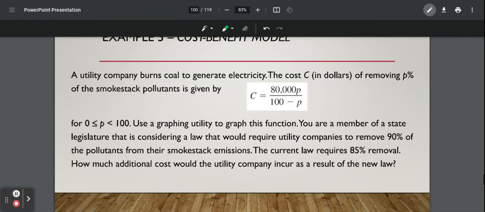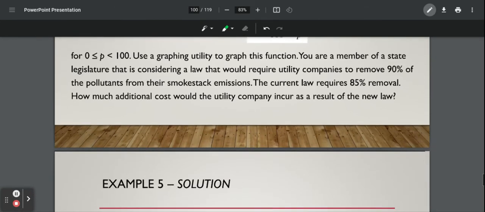Use a graphing utility to graph this function. You're a member of a state legislature, and it's considering a law that would require the utility company to remove 90% of pollutants from their smokestack. The current law requires 85%. How much additional cost would the utility company incur as a result of the new law?